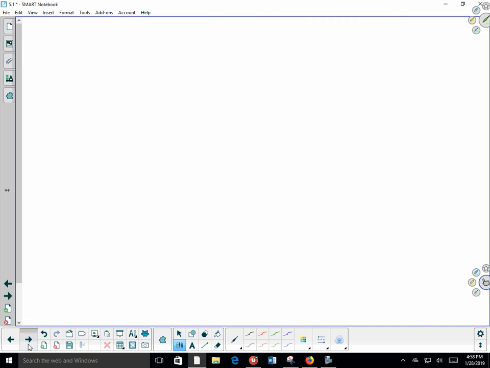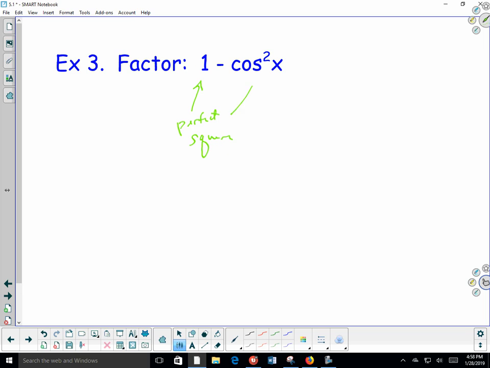All right, let's take a look at example 3. It says factor 1 minus cosine squared. We're trying to factor that. It doesn't look like there's any common factors, but in this case, we could factor it thinking of a difference of 2 perfect squares, because 1 is a perfect square, and cosine squared is also a perfect square, and there is subtraction in between.